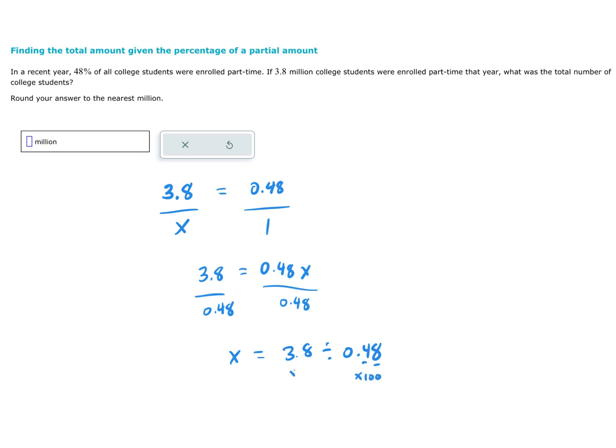And we're going to do the same thing to our dividend. So our dividend is going to shift over two place values, the decimal. So instead of it being 3.8 like that, it's going to end up being 380.